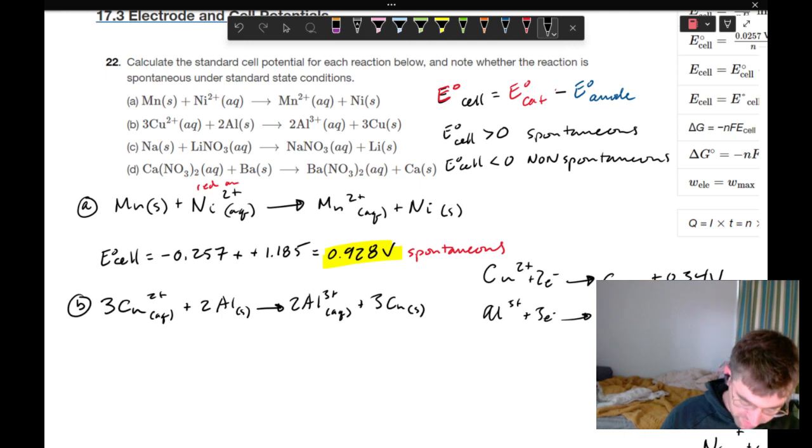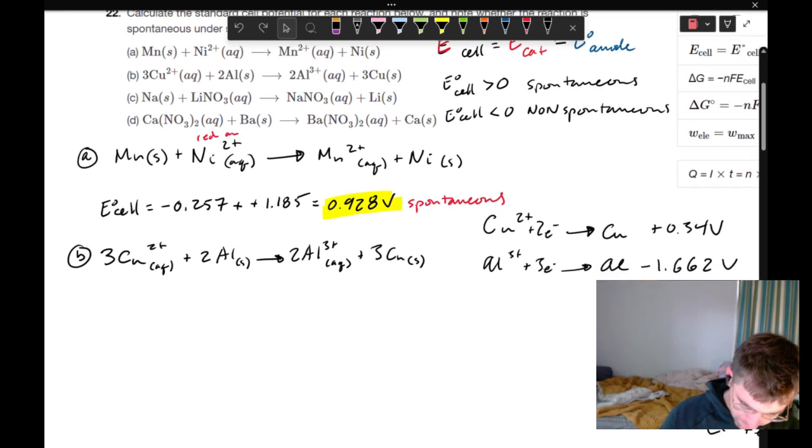Reduction is gain of electrons. Which one's gaining electrons? Copper is going from a 2 plus oxidation state to a neutral oxidation state. So that one is our cathode, reduction at the cathode.